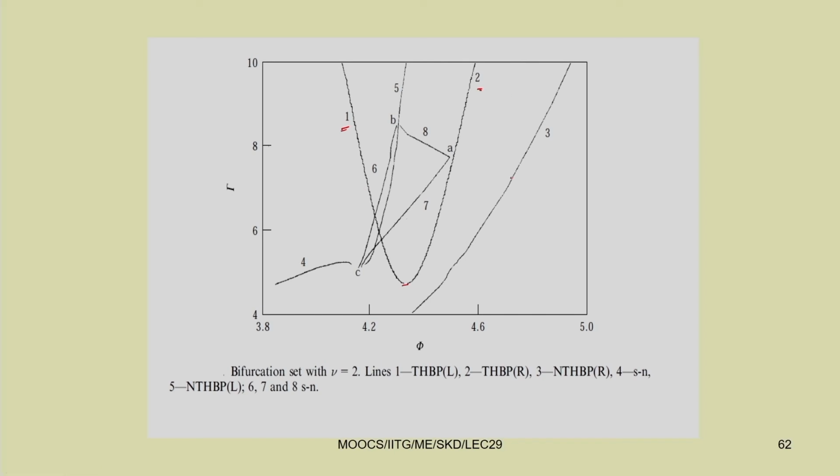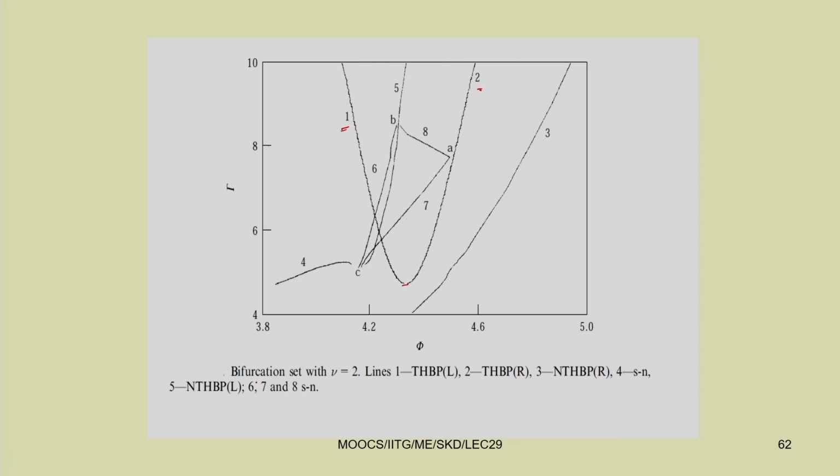This line 3 is the non-trivial Hopf bifurcation point in the right side. And this is the curve 4, which shows the SN bifurcation, that is the saddle node bifurcation point.